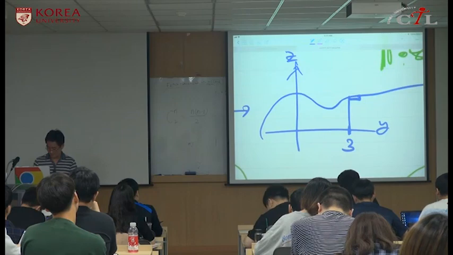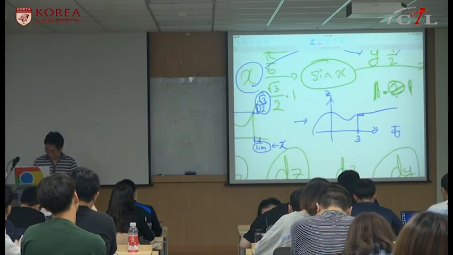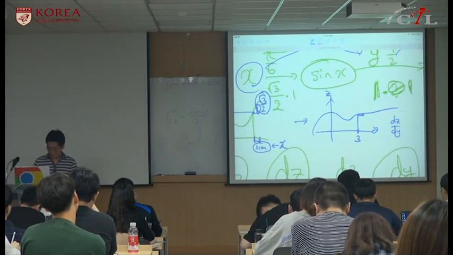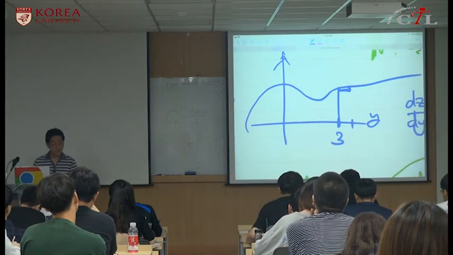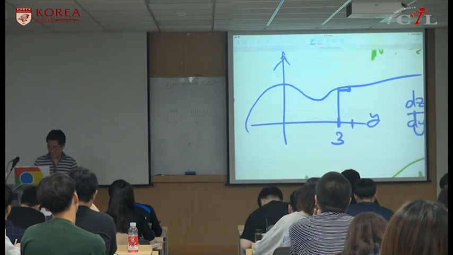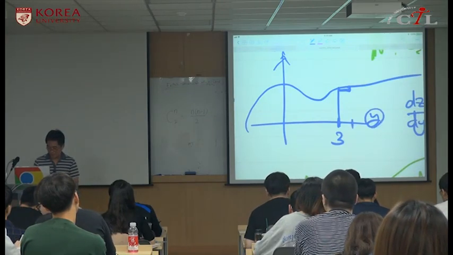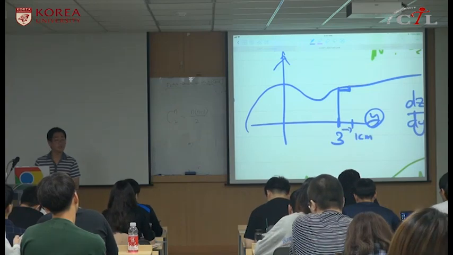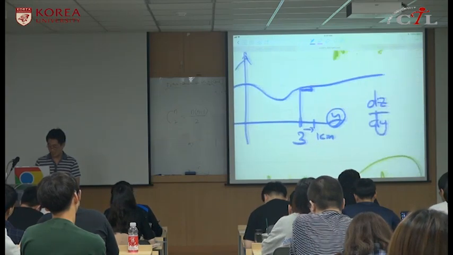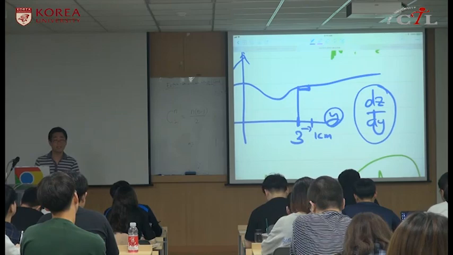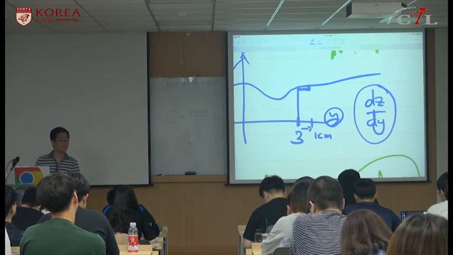So dz over dy is actually the amount of change of z when y changes just 1 centimeter, right?